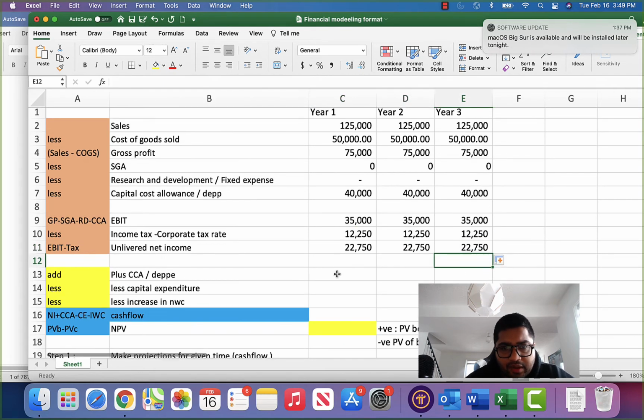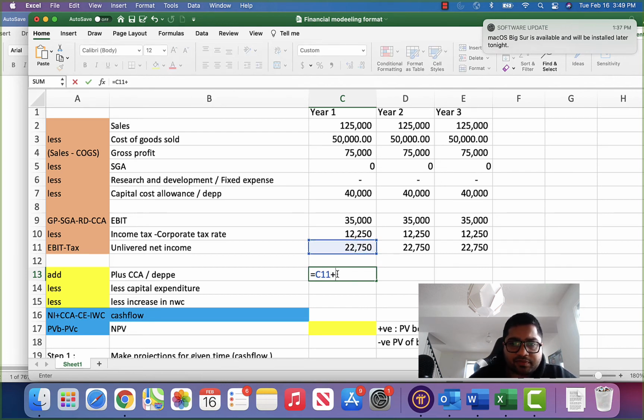Okay, now we have to add back CCA to this. So CCA is 40 grand. We add it back to each of these years.